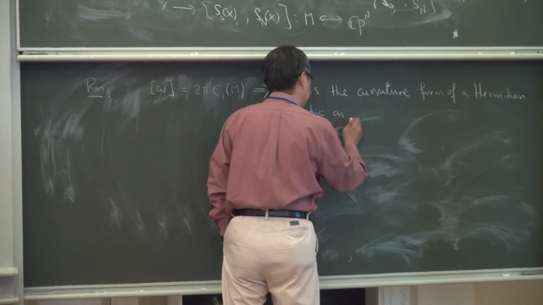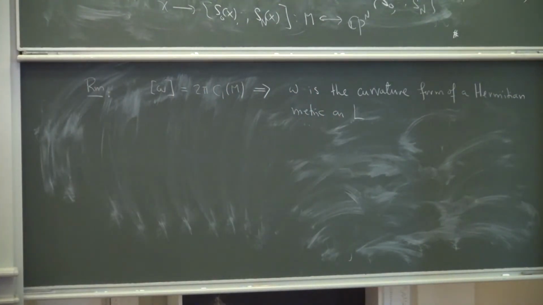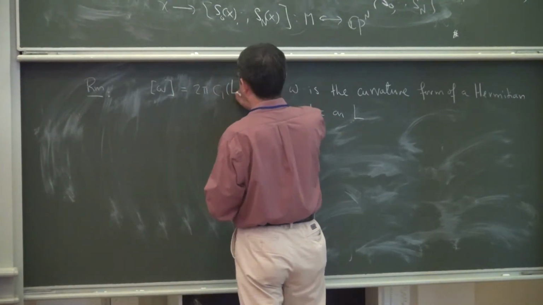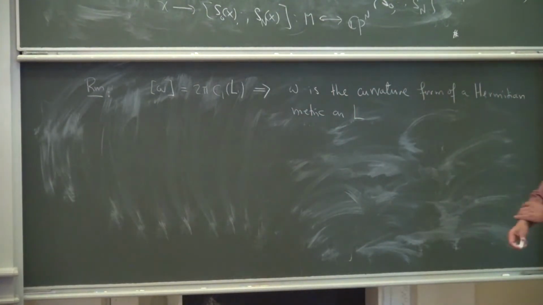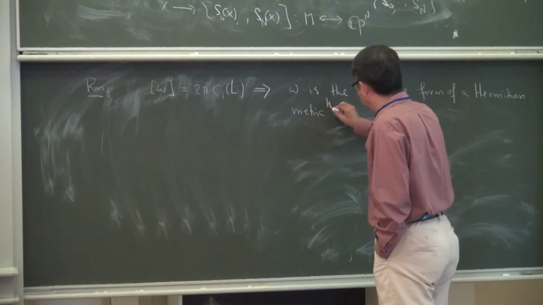So C1 of L, yes, right, thanks. So it's a Hermitian metric on this, let's say small h.